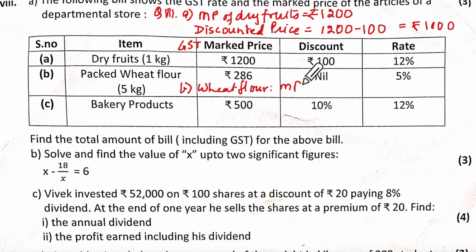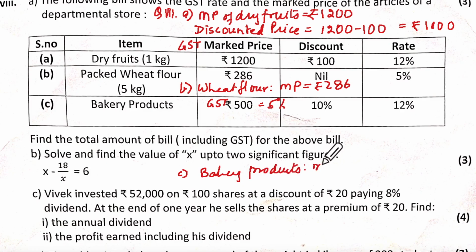And mark price is equal to rupees 286. Okay, and the GST is 5%, and then I'll leave some lines here and then I'll say bakery products, and MP is rupees 5000.